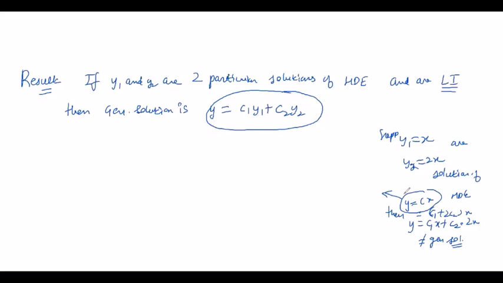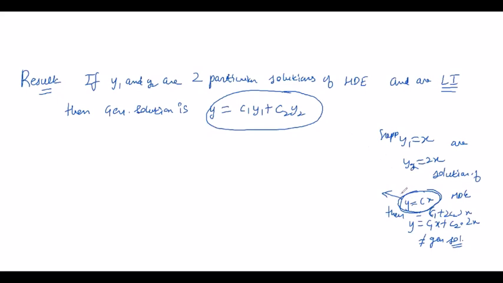Can somebody tell me why y equals c times x cannot be the general solution of a second order differential equation? Yes, because there have to be two arbitrary constants of integration.